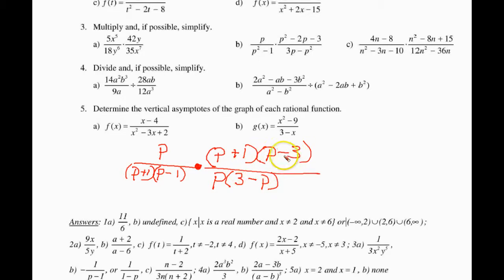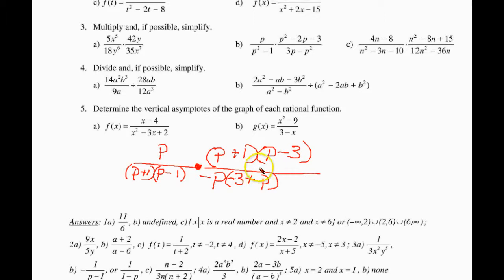Now in order to do that, I'm going to factor out from here a negative p. And that would make this positive. I'm sorry, that is positive. That would be negative. I've reversed the signs. So this then becomes negative and this becomes positive. So these, for all practical purposes now, are the same.